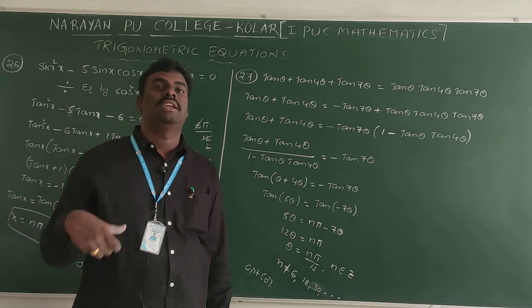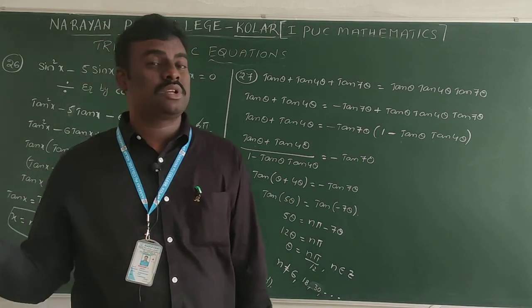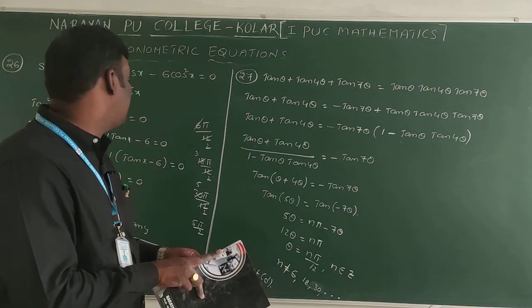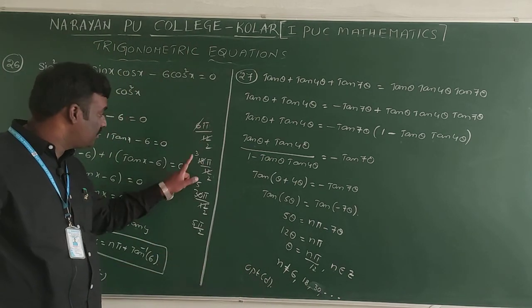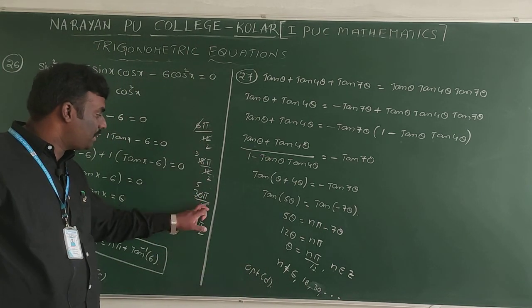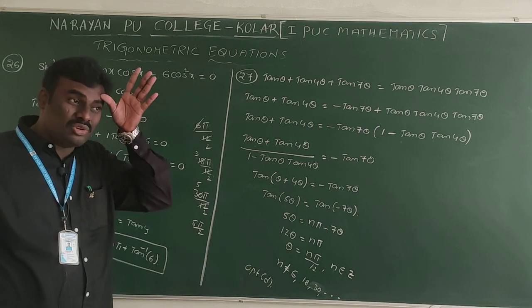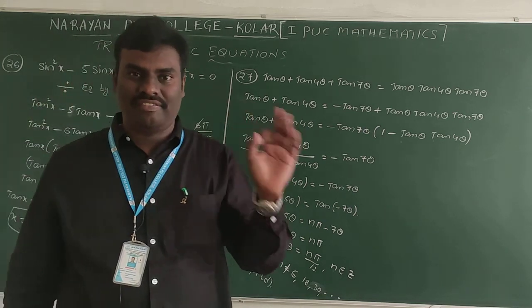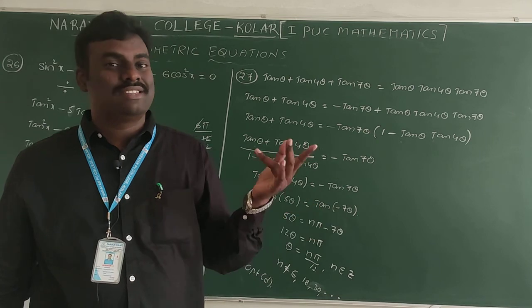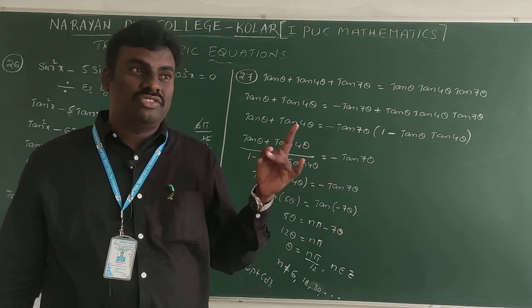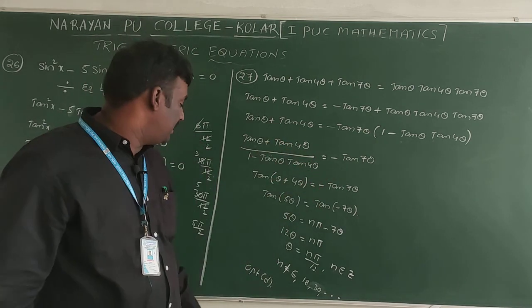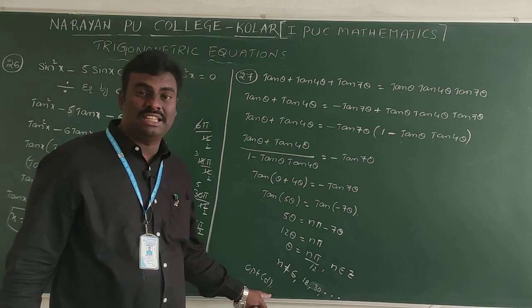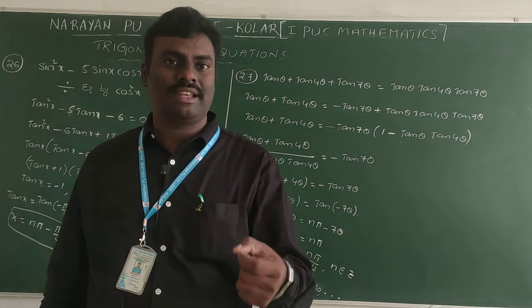Because in the first, second and third options, we are getting values like pi by 2, 3 pi by 2, 5 pi by 2, for which the tan value is not defined. Therefore the first, second and third options are wrong. Now none of these is the answer, that is nothing but option D is the correct answer.